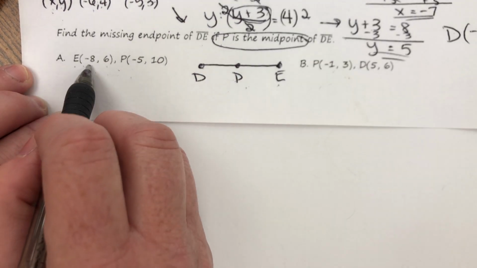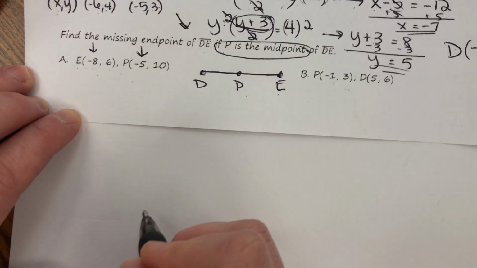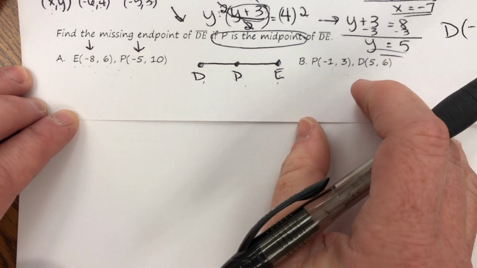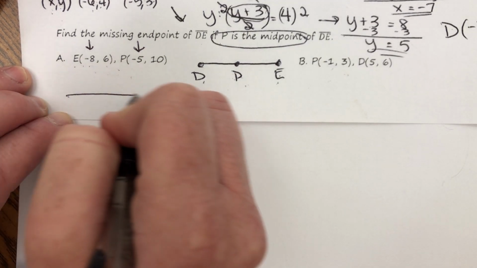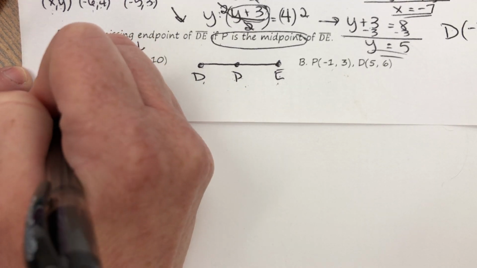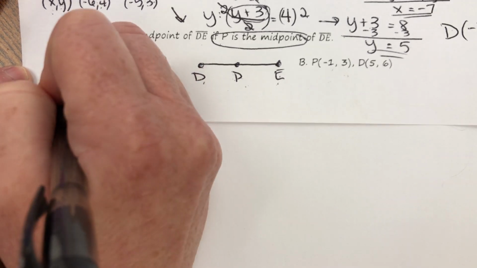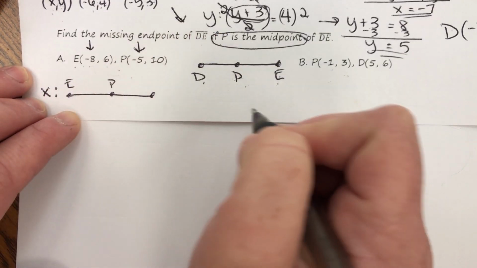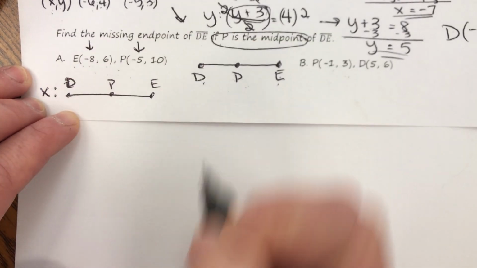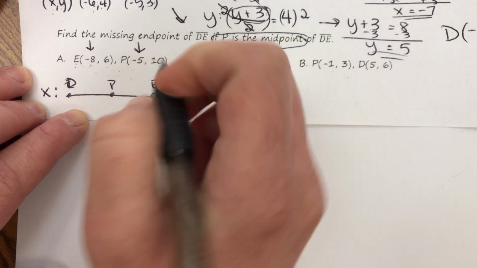So I'm going to start with just looking at my x values, and I have E and P, I'm missing D, right? If I'm thinking about finding the midpoint of my x values, D, E, P: for E, my x value is -8.